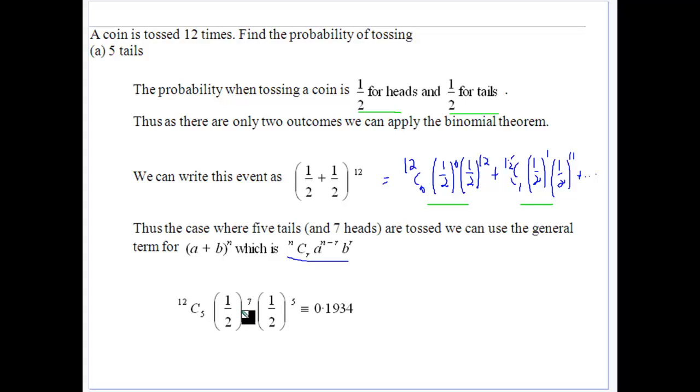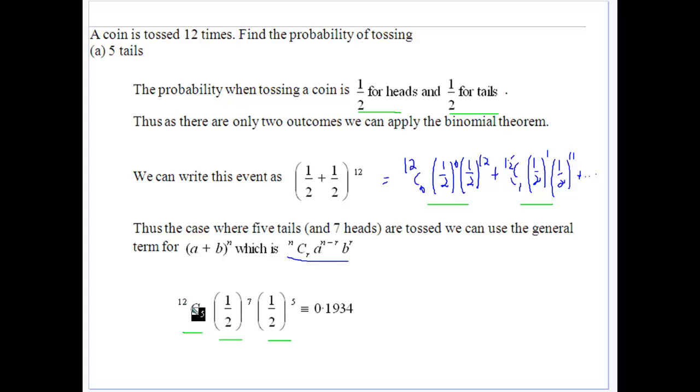So we get a half to the power of 7, because that represents the probability that you get the 7 heads, and the probability that you get the 5 tails. That would occur 12C5 times when we did that expansion of a half plus a half to the power of 12. You would see 12C5 lots of the half to the power of 7 and half to the power of 5 and collect those terms. That's how many you would get.